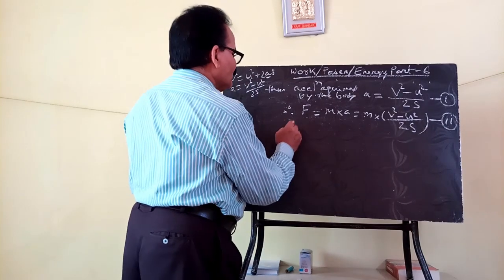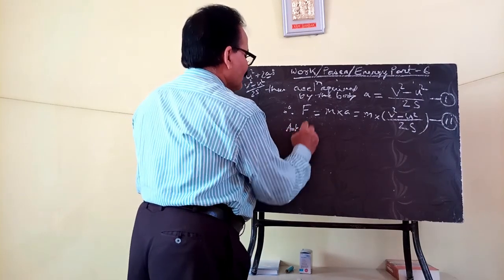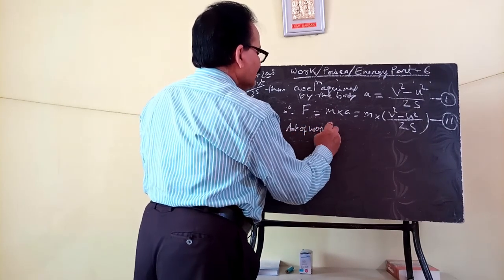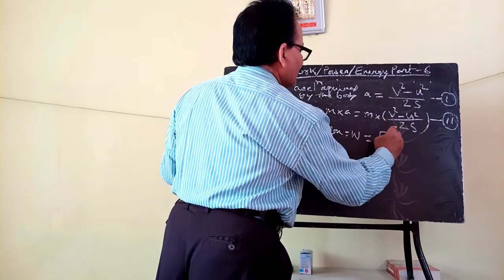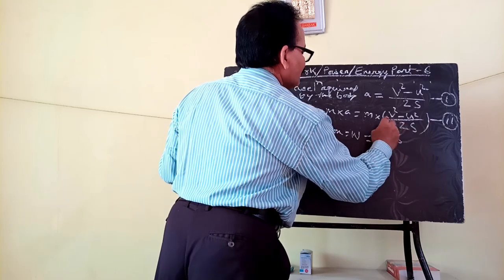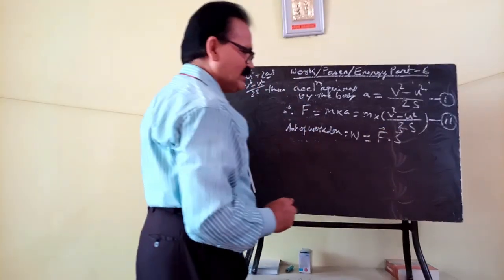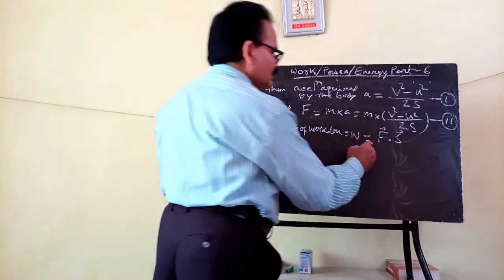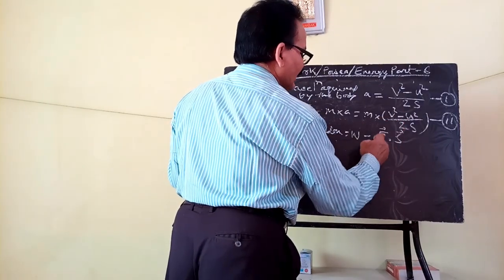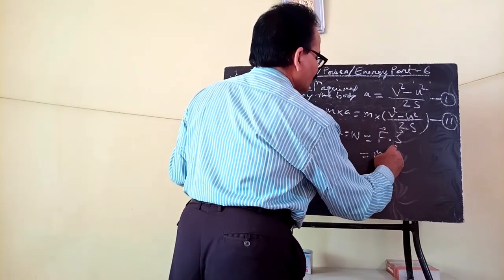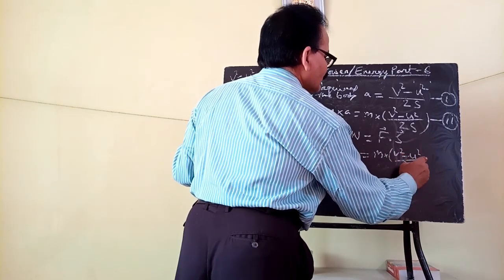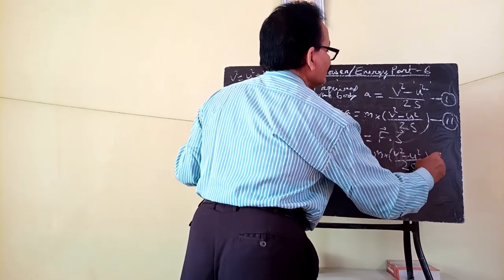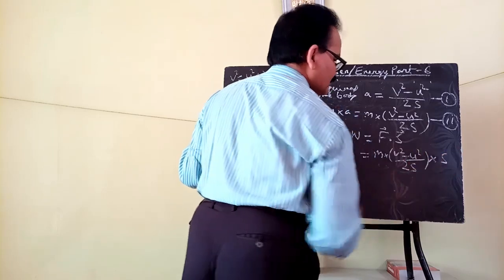So now the amount of work done by the force, W, can be written as F into S, F Newton into S meter displacement. So if you write the value of F as m into v square minus u square by 2s, then into s.